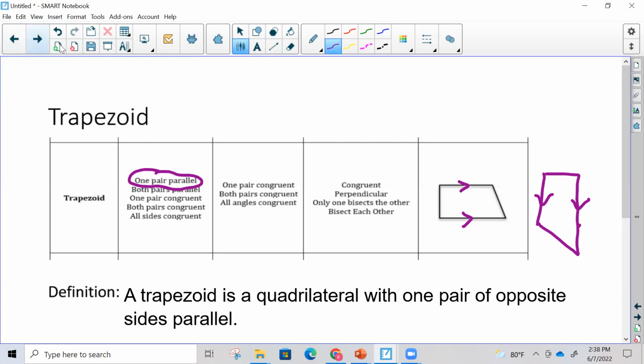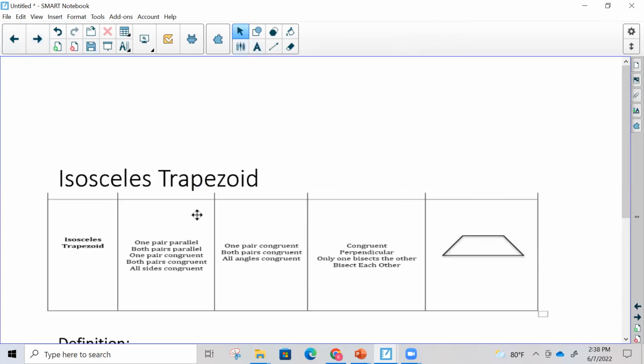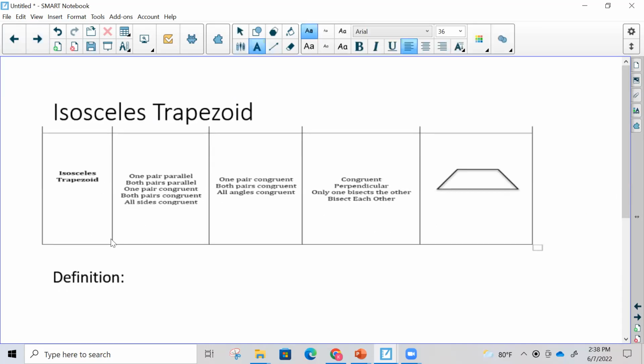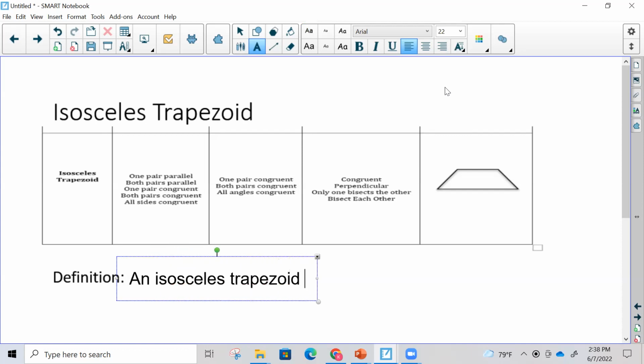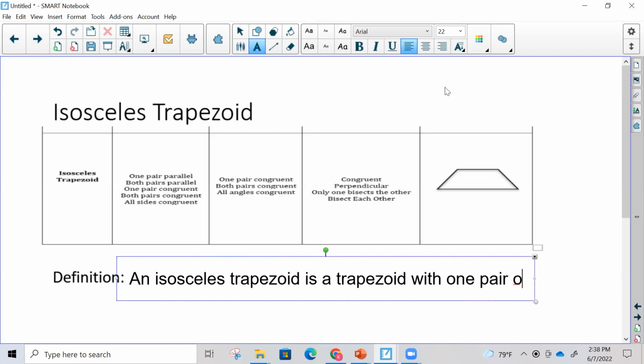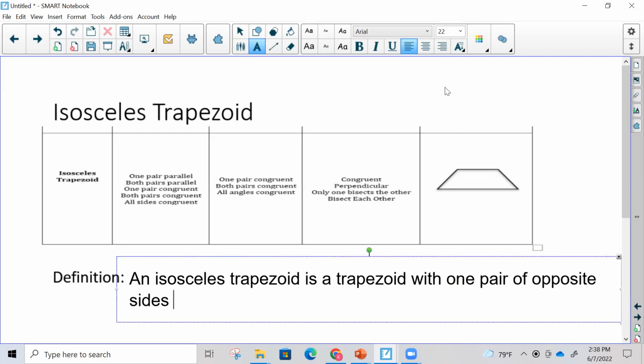And then there's one special type of trapezoid called an isosceles trapezoid. Similar to an isosceles triangle, when it's isosceles, it has two congruent sides. So an isosceles trapezoid is a trapezoid with one pair of opposite sides congruent, and then the other pair of opposite sides is parallel.